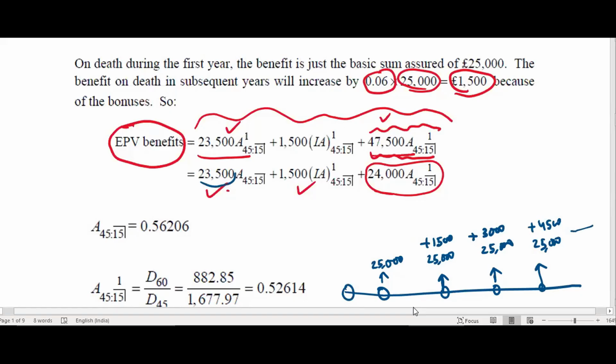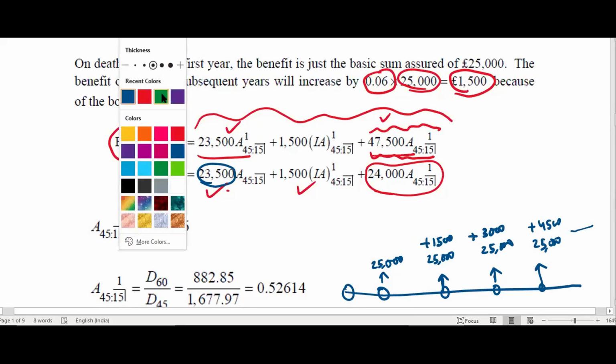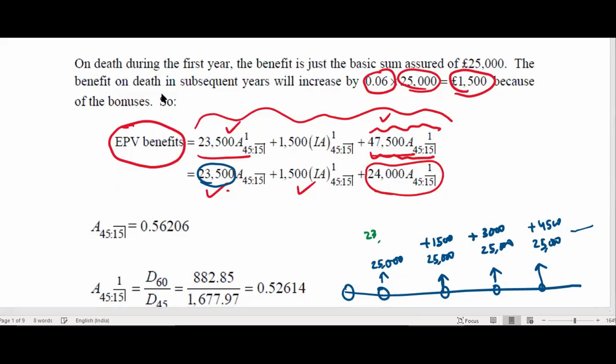So you can divide 23,500 into two parts. This is 23,500 you can make, all you can make. This part you will get 4515. Wait for a minute.